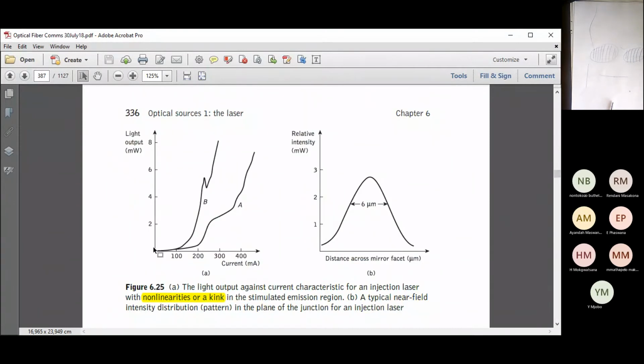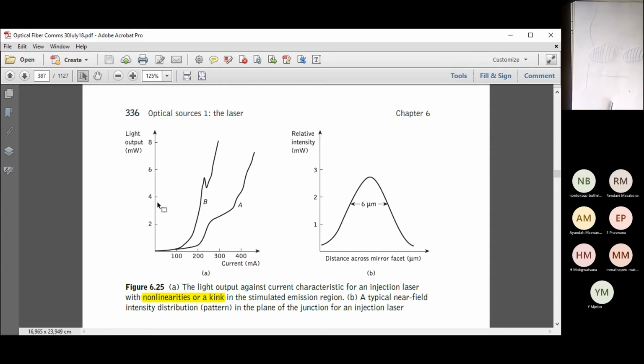I just want to tell you, this is a non-linearity or a kink in the signal of a laser. It happens with lasers that as you increase the current, along this path from left to right, the light output will change with current. When you make the current more, the light output will become more milliwatts.